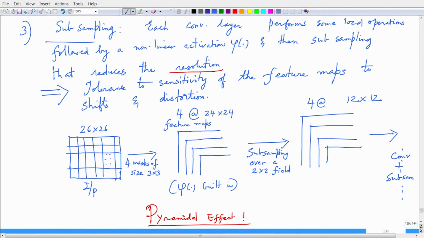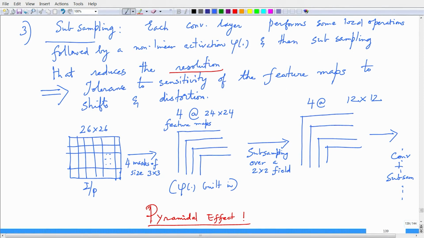Because of subsampling, there is a reduction in the resolution of the signal. We will see this when we go through the example as to how the resolution gets reduced. Because of these operations, there is tolerance to the sensitivity of the feature maps with respect to shifts and distortions.